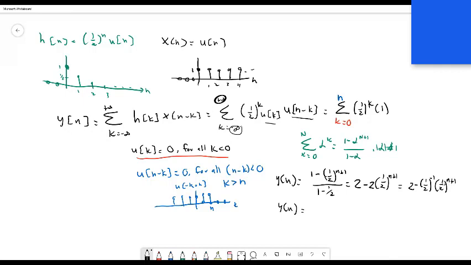And we get y of n then is going to be, well, the one that goes away, that goes away. 2 minus 1/2 to the n. That started at n equals 0. So our starting index again was 0.